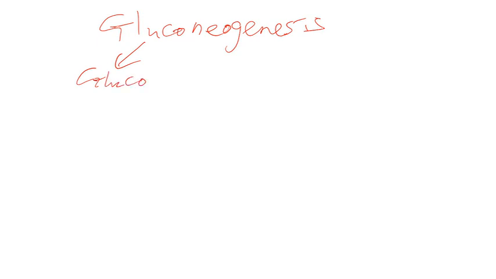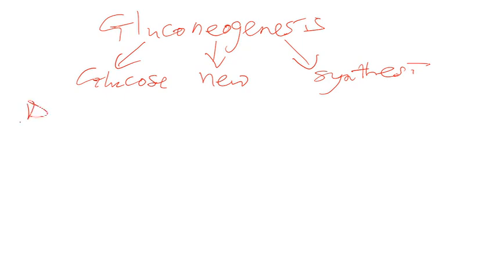Gluco to mean glucose, neo means new, and genesis means synthesis. So basically, this is a process of forming glucose from non-carbohydrate compounds.